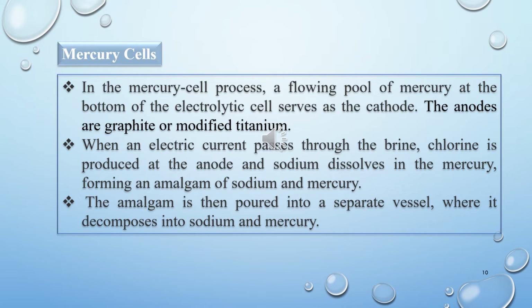The anodes are graphite or modified titanium. When an electric current passes through the brine, chlorine is produced at the anode and sodium dissolved in mercury, forming an amalgam of sodium and mercury.